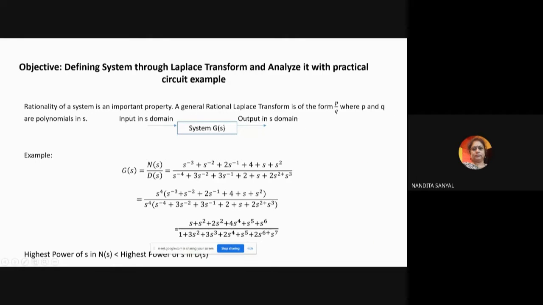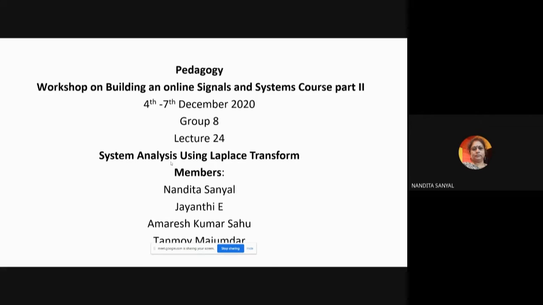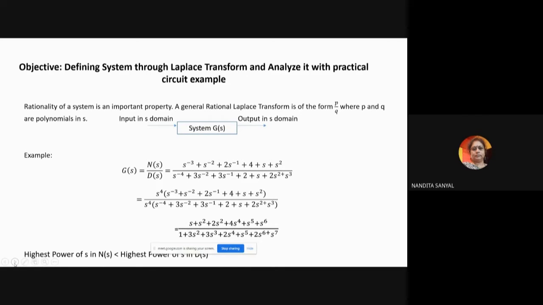This type of transfer function, since it is a ratio of two polynomials, may be rational or irrational. Rational means it can be expressed by a fraction p by q. Let us take this rational transfer function. A transfer function of a system can be represented by a numerator polynomial as well as a denominator polynomial.